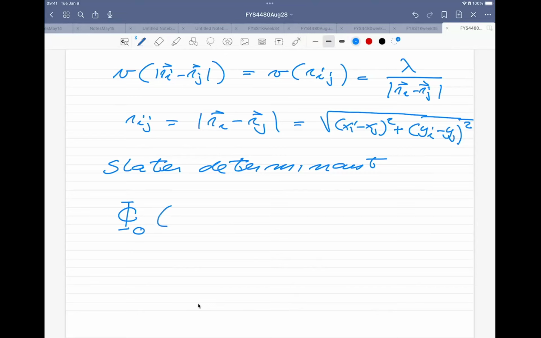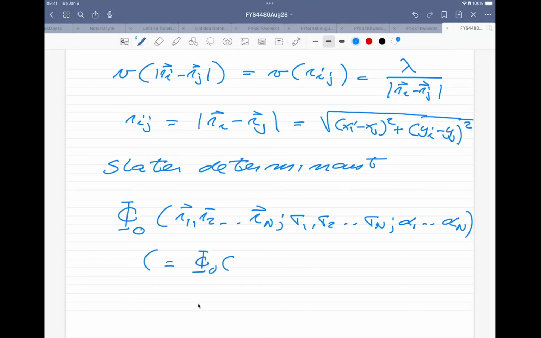This is a quantity which will depend on the positions of the different particles, r_1 up to r_n, will depend on the spins, sigma_1 up to sigma_n, and then we can have additional quantum numbers, like alpha_1 up to alpha_n. You will often see me writing this out in a more compact way, like phi_0 and then just 1, 2, up to n. That is a more compact notation because it gets boring to write down all these quantum numbers, okay?